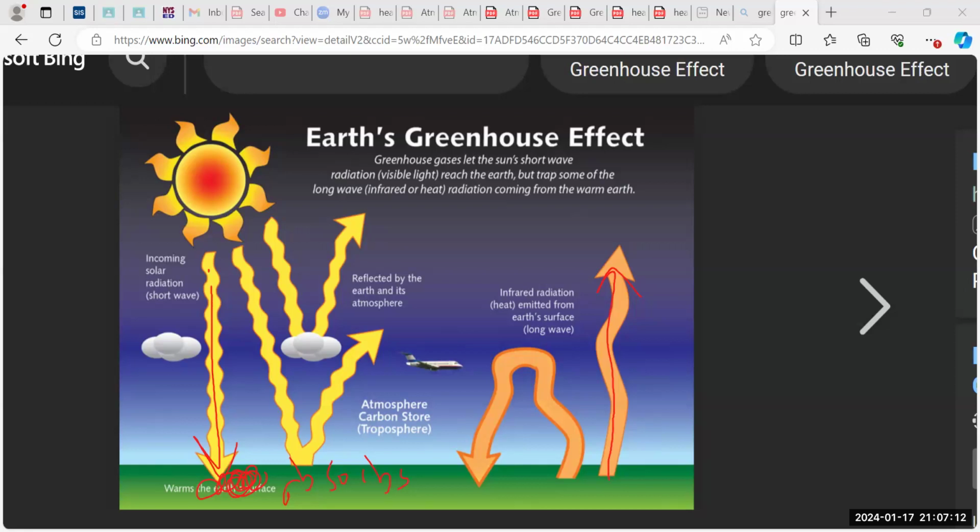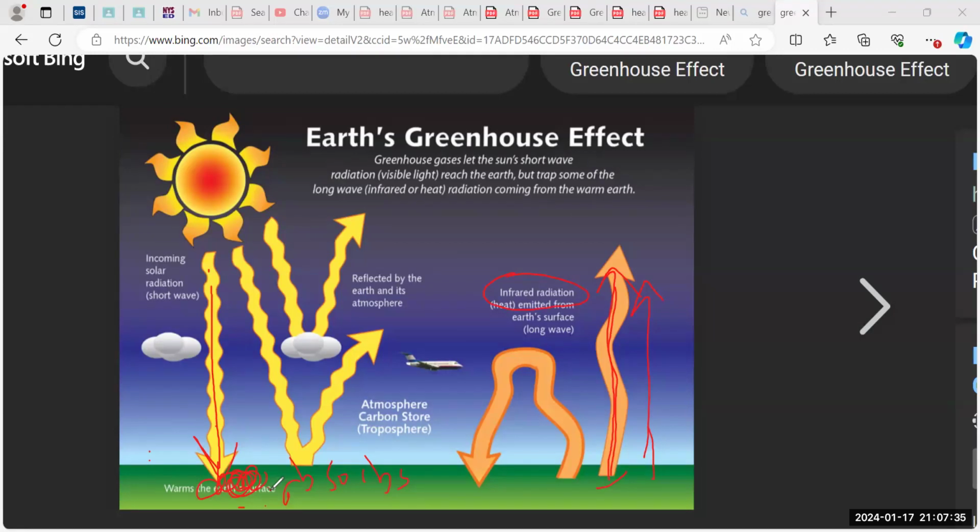So the first step, solar radiation comes in, the earth absorbs the energy on the ground, and then the earth says, let me release that energy back into the atmosphere, right? And it releases it in the form of infrared radiation.